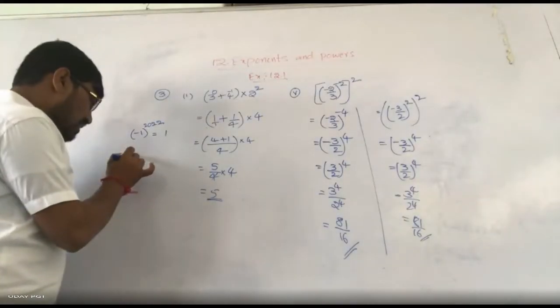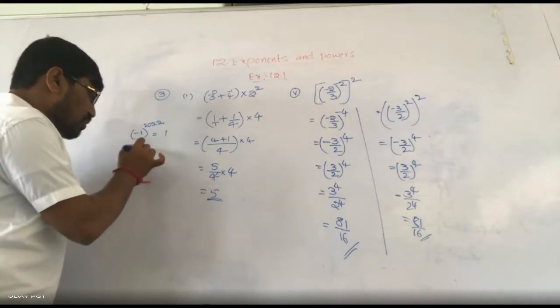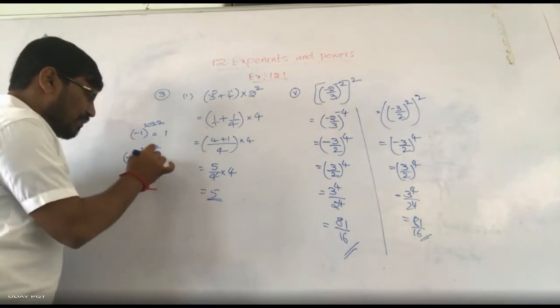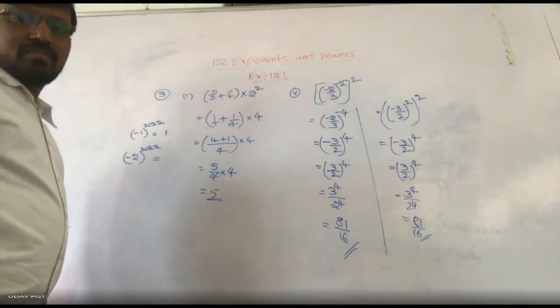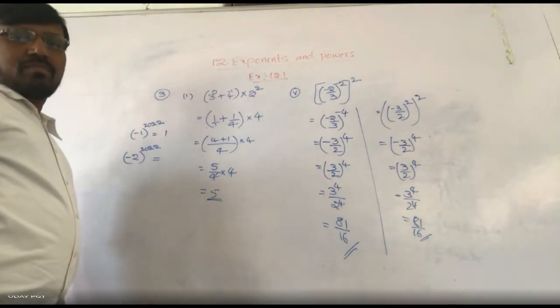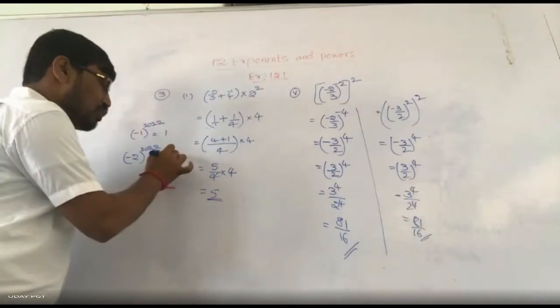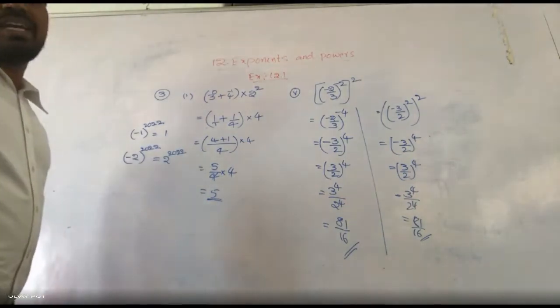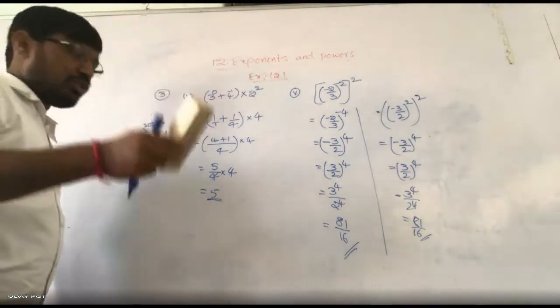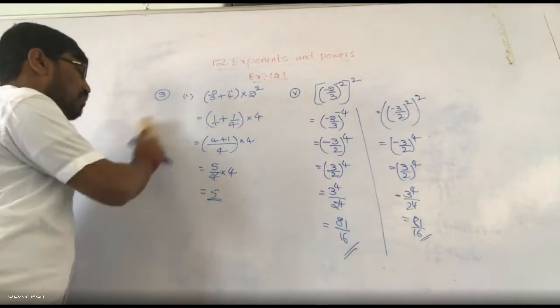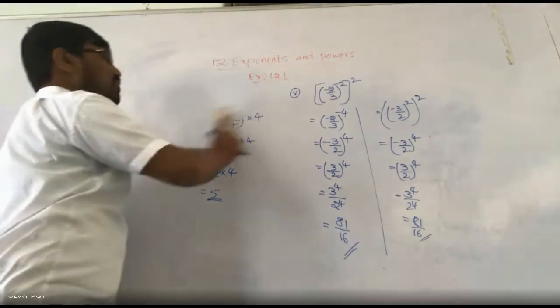Can you tell me what is the value of minus 2 whole power 2022? Sir, we cannot say the value, but it will be positive only. You can write it as 2 power 2022. But the value we cannot know, because when you multiply 2022 times we are going to get a very big number. So like this you can solve this.